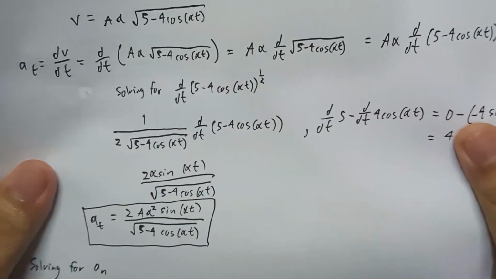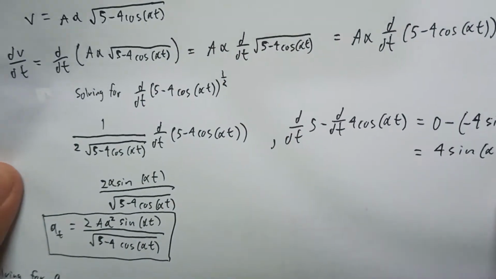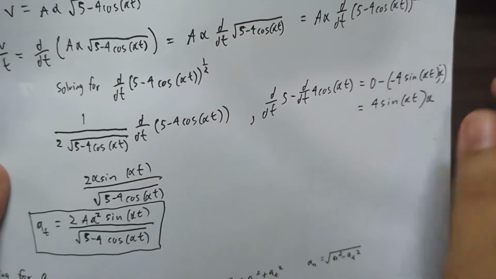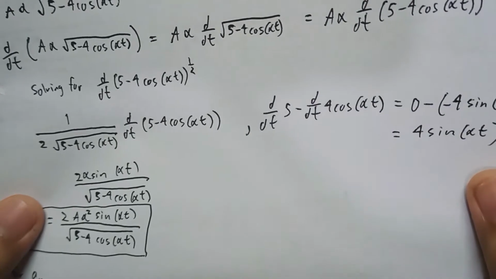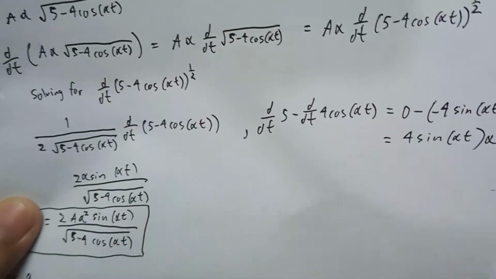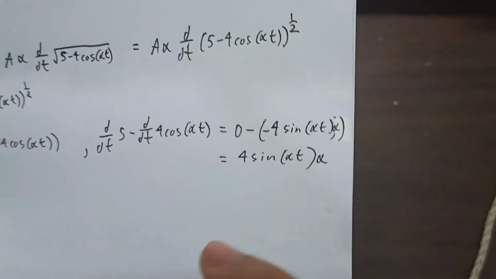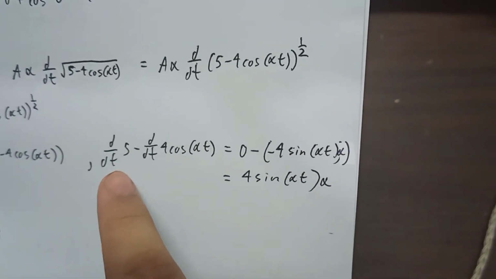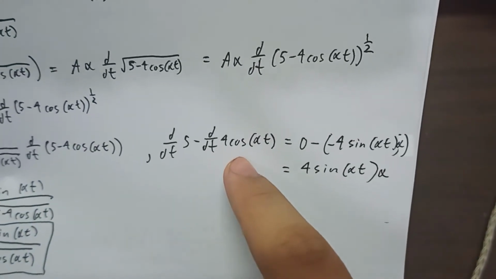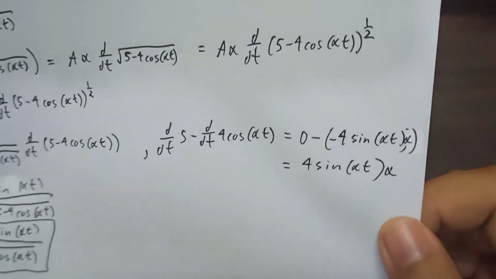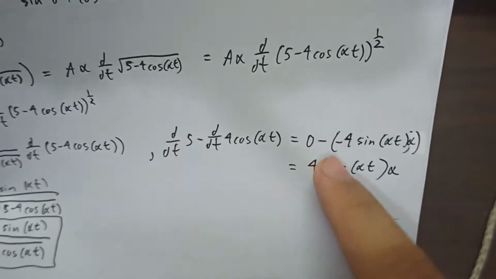And by using the chain rule, we first get the derivative of the entire thing, which gives us 1 over 2 square root of 5 minus 4 cosine alpha t. And we get the derivative of what's inside the parentheses, which is the derivative of 5 minus the derivative of 4 cosine of alpha t with respect to t. The derivative of 5 with respect to t is 0.